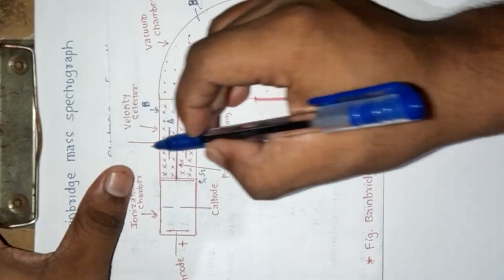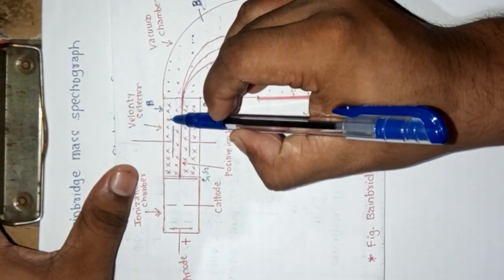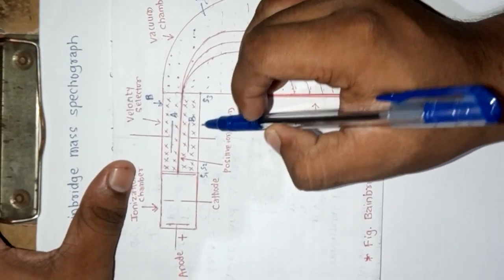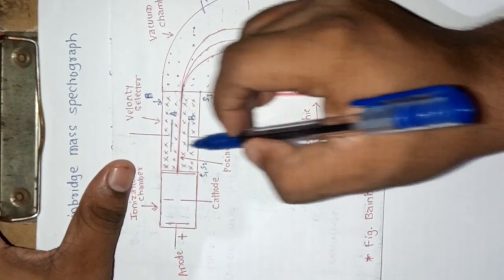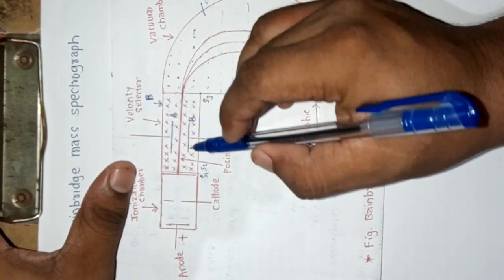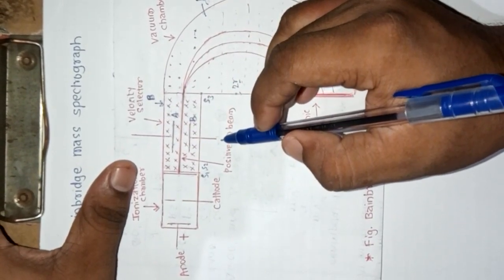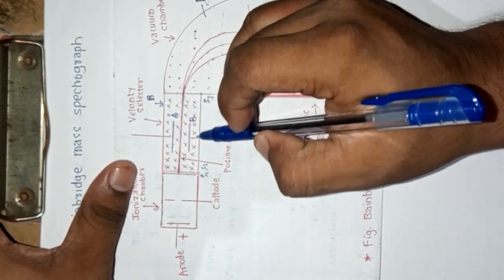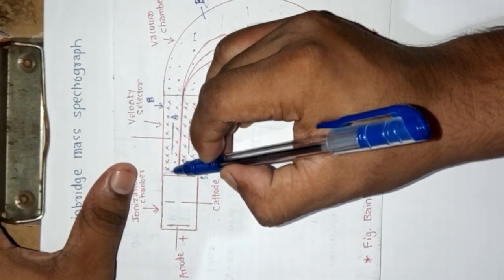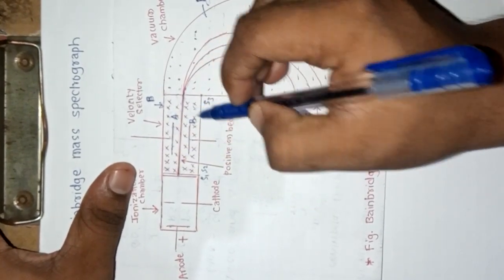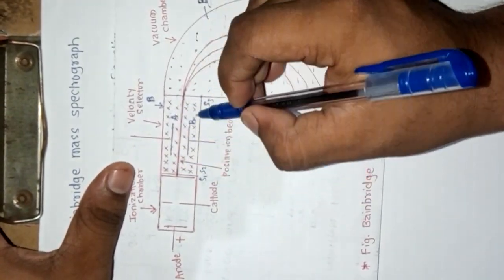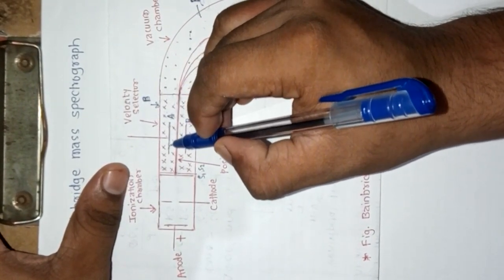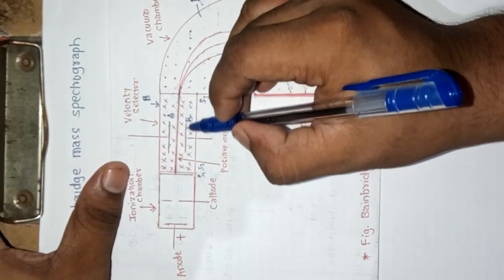To produce the electric field, this is a positive plate A and this is a negative plate B. We apply a potential difference between these two plates, and the magnetic field is exactly at right angle to this electric field, represented here by these cross marks. The electric field direction is from the positive plate to the negative plate.